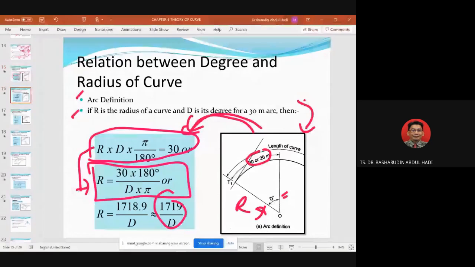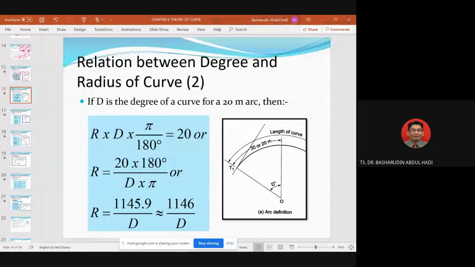Okay, next. Relation between degree and radius of curve.